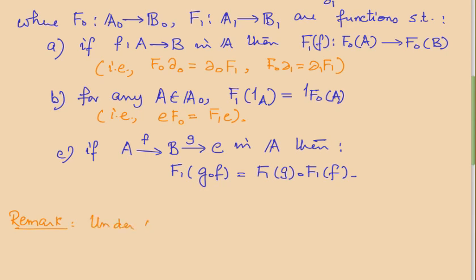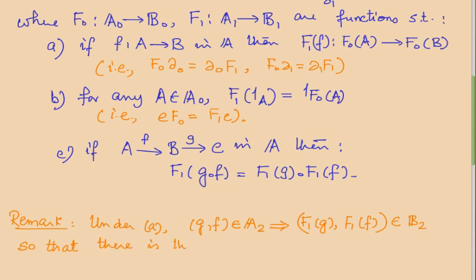under A, GF is in A2 implies F1G and F1F is in B2. So that there is this function. Okay.